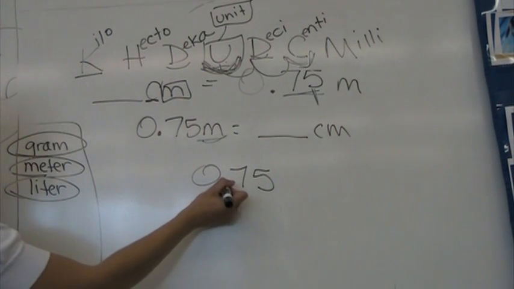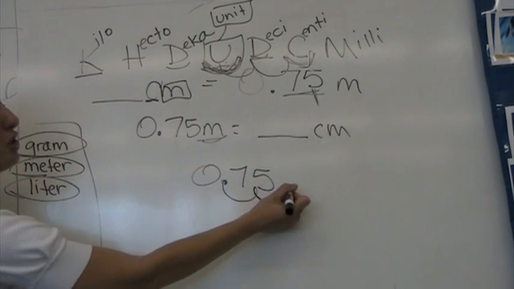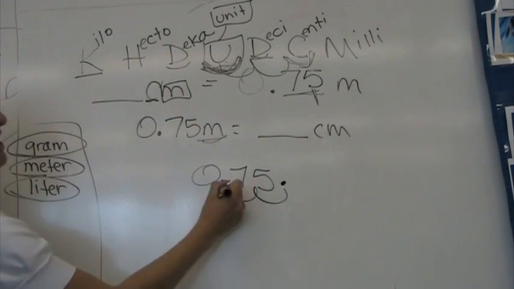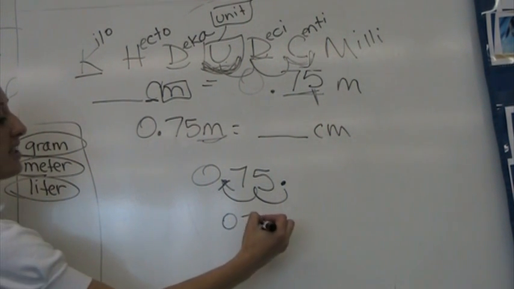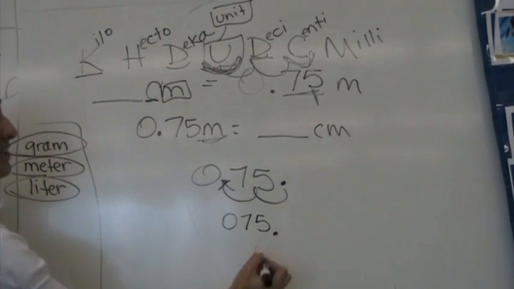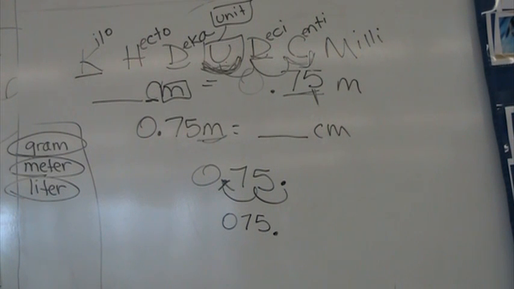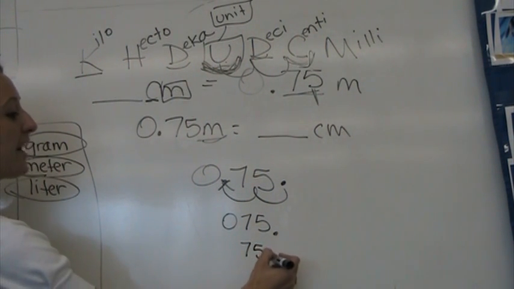So here we go. Here's the decimal. 1, 2. The decimal is no longer going to be written where it was. It's now after the 5. So your answer is 075 with a decimal. Is there another way that I can write that? I could take the 0 off and write it as 75 with a decimal.